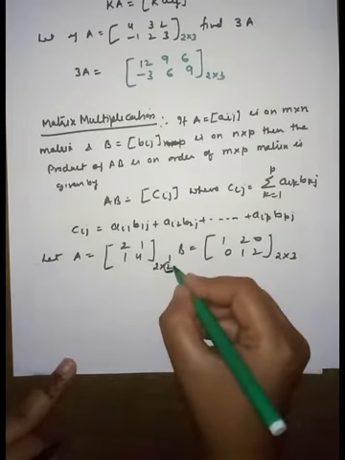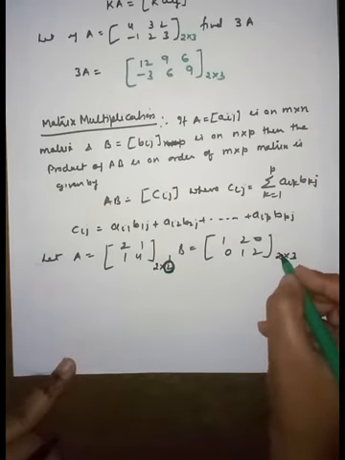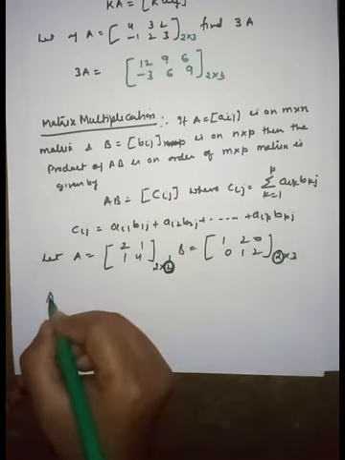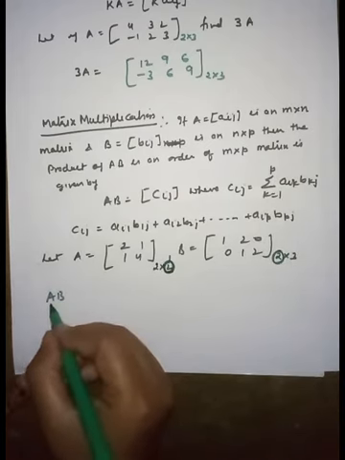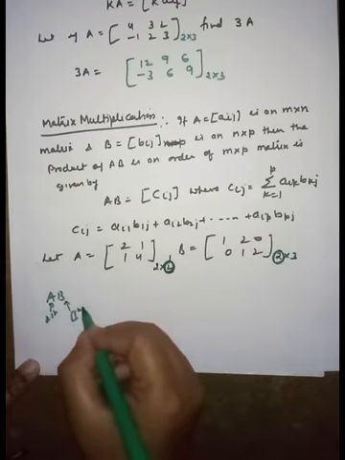Here you see the number of columns of the first matrix and the number of rows of the second matrix.